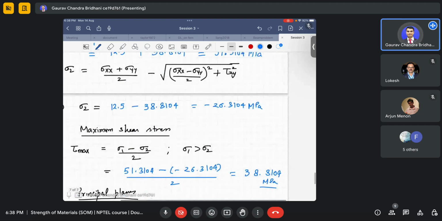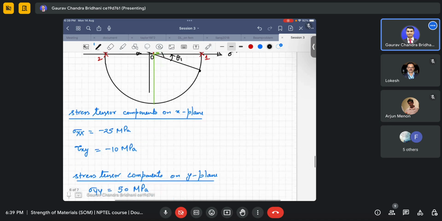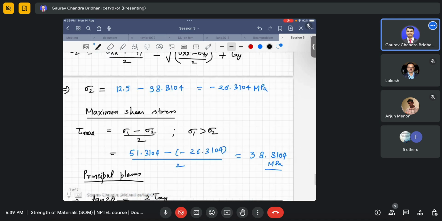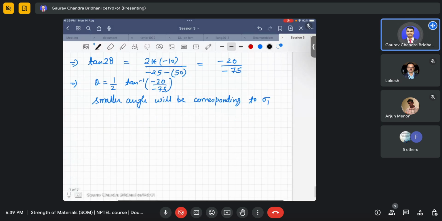And the obtuse angle I'll represent here in black color. So this will be theta 1, and this will be something like this, theta 2. Whatever we got, you can add 180 to that and you will get the other one. You know that property: the difference between the two angles is 180, twice of that is 180.